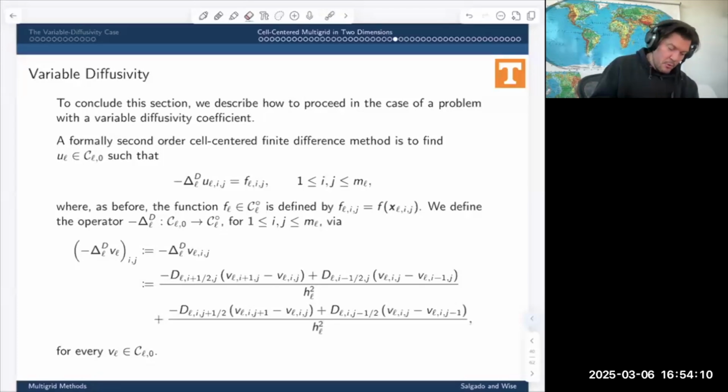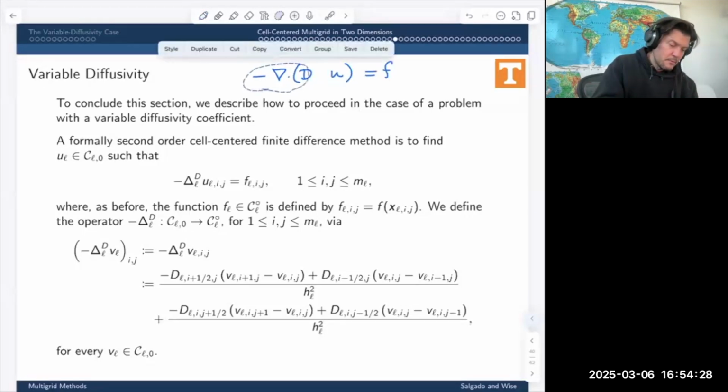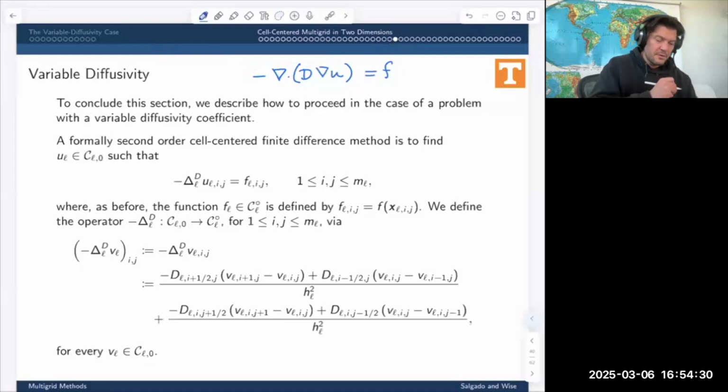For example, we want to find an approximation to this problem, right? Not exactly though. Insert a gradient there. Okay. So what if D is non-constant?